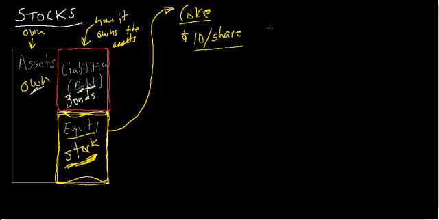Now let's say, and this isn't the case obviously, but let's just say that Coke, the company, has 100 shares of stock issued all together. They're only offering 100 shares to trade. If you purchase one share of stock, then you own 1% of the company.